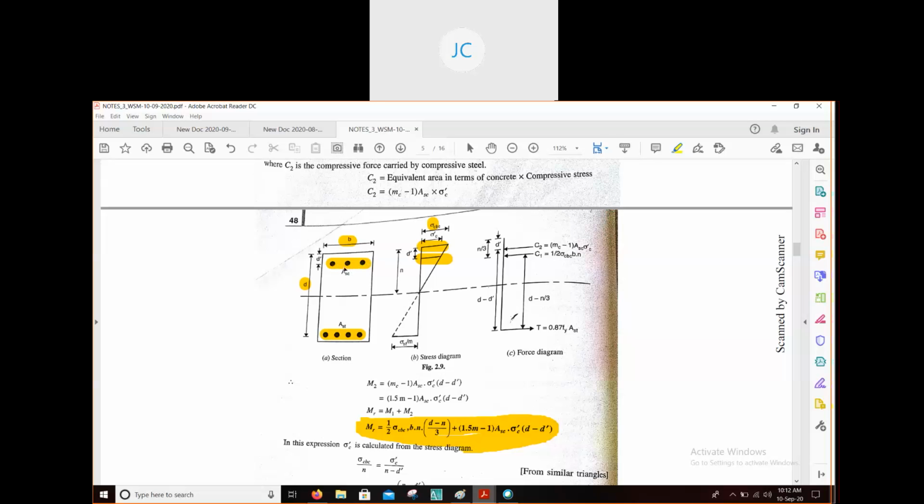So in this problem we are providing 4 bars of 20 millimeter diameter on the compression side and 4 bars of 25 millimeter diameter on the tension side. Another thing given is the effective cover to the compressive bar, I think 40 millimeter.